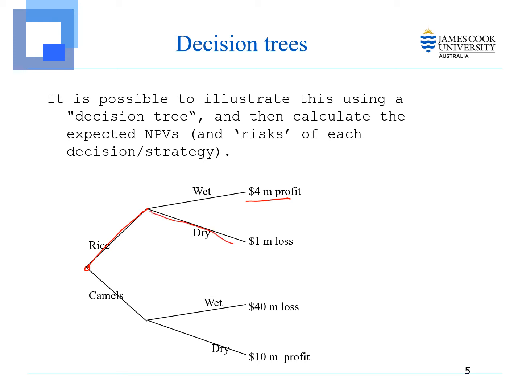If it turns out to be dry, there's a negative $1 million. If the manager decides to graze camels and it turns out to be wet, then there's a $40 million loss. And if it turns out to be dry, then there's a $10 million profit. Okay, so that's the decision tree.